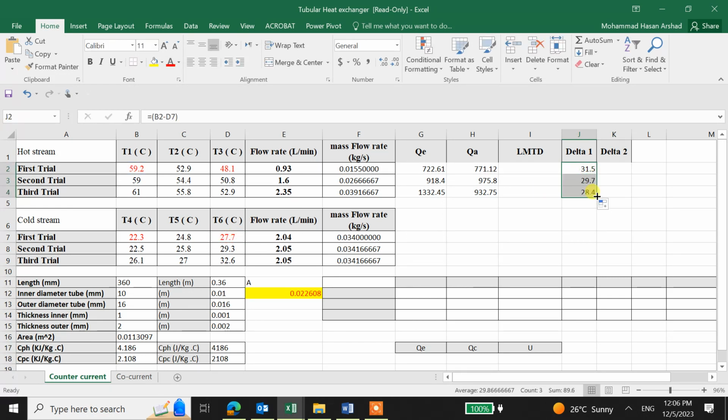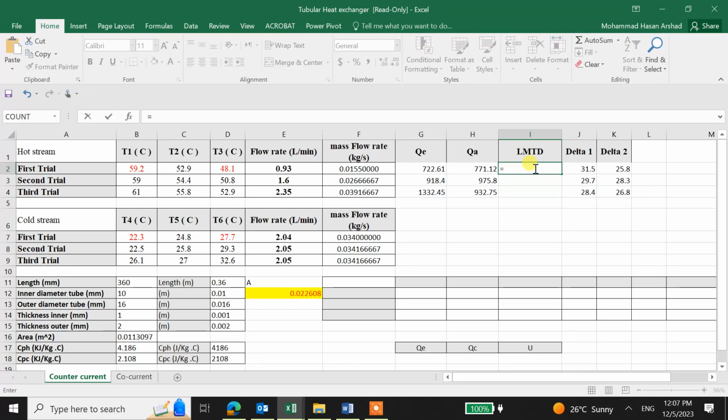We can drag this one so you can see. Delta T2 is the other end: T hot out minus T cold in.